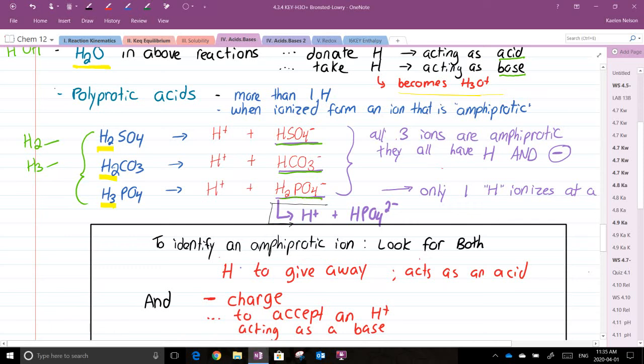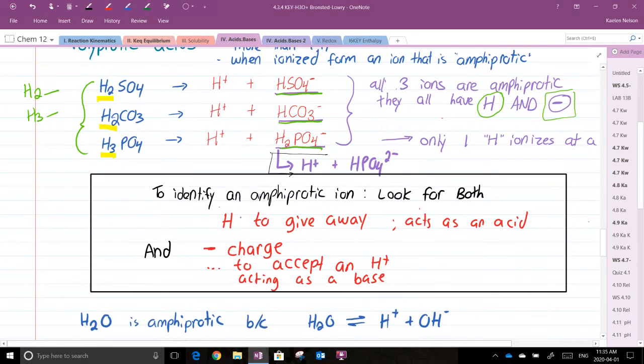The way you can recognize an amphiprotic ion is that it has an H, which means it can donate it, that makes it an acid, and it has a minus sign, which means it has a little bit of room that it can take an H onto it. So if you look for a minus sign, it usually means the base can accept an H+.